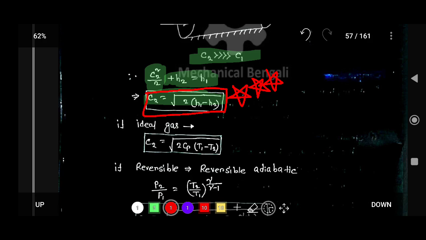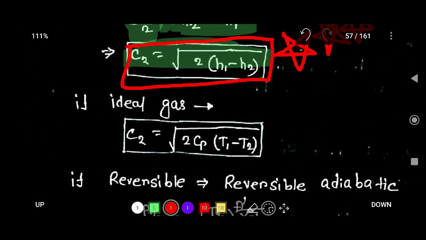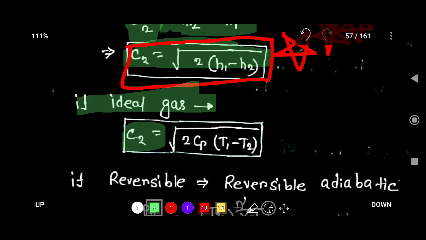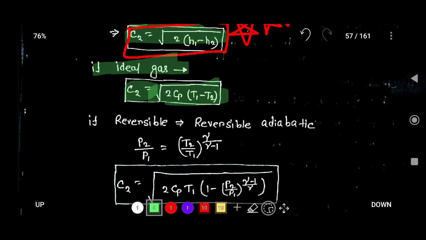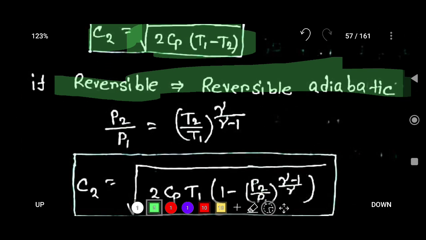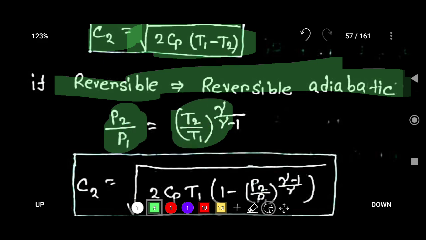Okay, and if it is an ideal gas, then C2 will be the square root of 2 into Cp into T1 minus T2, where Cp is the specific heat at constant pressure. And if it is a reversible adiabatic process, then you apply this equation: P2 by P1 is equal to T2 by T1 to the power gamma upon gamma minus 1.